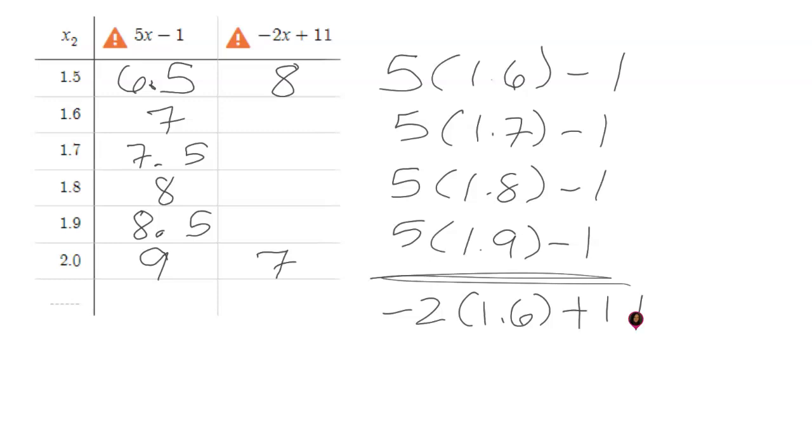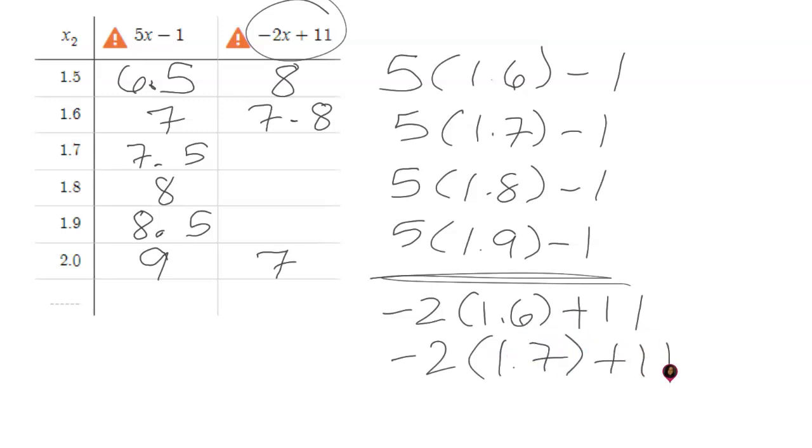My bad. Negative 2 times 1.6 plus 11 gives me a 7.8. We will evaluate at 1.7. Negative 2 times 1.7 plus 11 gives me a 7.6.